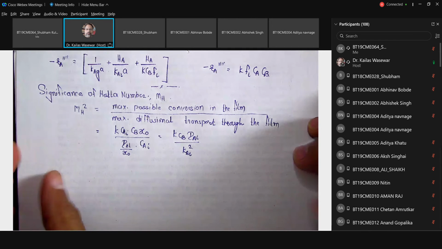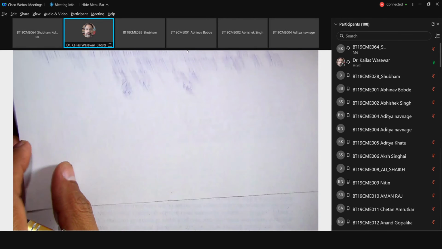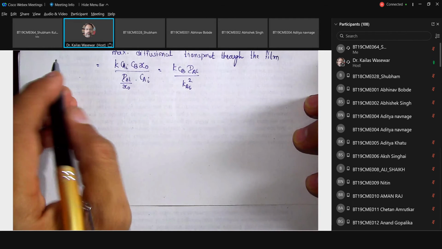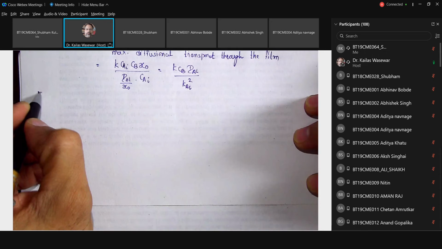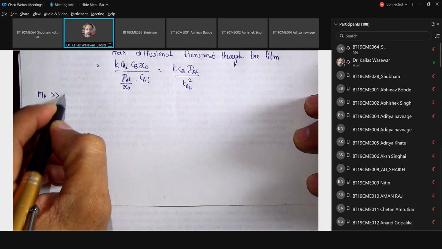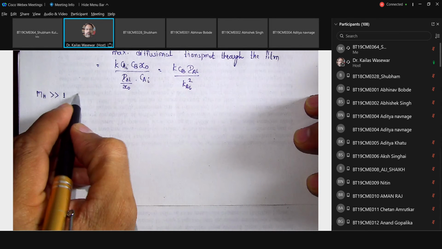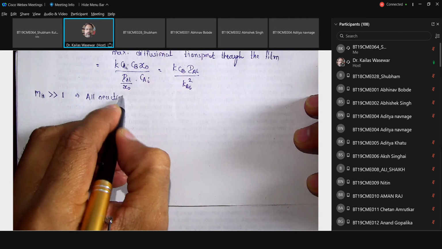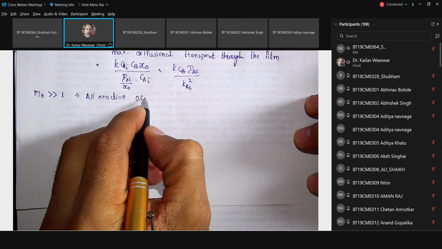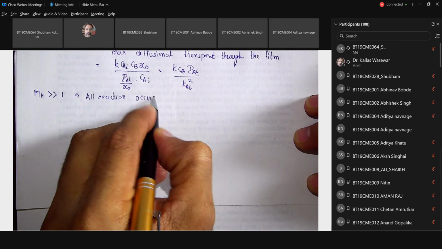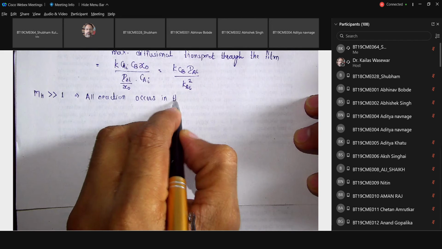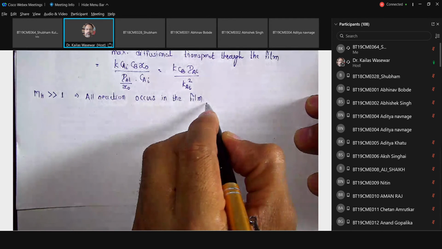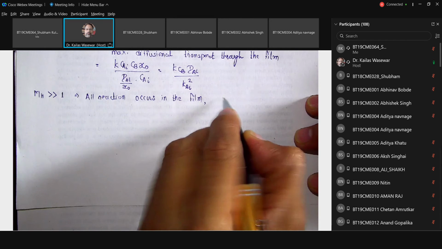Now for this particular one, if you refer to that figure where the enhancement factor is given in terms of EI and MH value, for the case of MH much greater than 1, generally all the reactions occur in the film. As the reaction occurs in the film, the controlling factor will be the surface area.